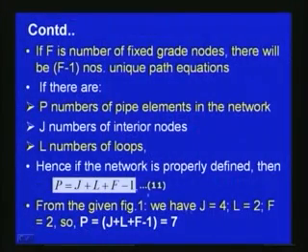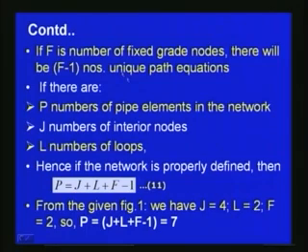For this pipe network, j is equal to 4 interior nodes, l is equal to 2 loops, and f is equal to 2. So p is equal to j plus l plus f minus 1, which is equal to 7. So the pipe network is properly defined, and we can get a solution by using the generalized equations which we have discussed.